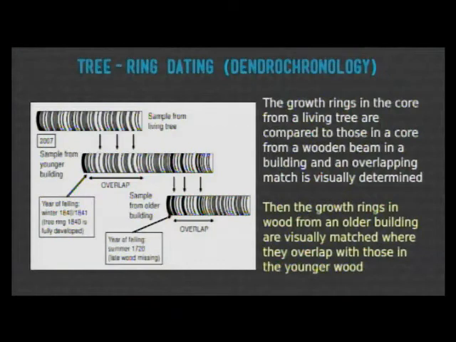Here at the top left, we can see a tree sampled in 2007, a living tree. And they compare it to a drill core, a core of timber taken from a wooden beam in a building, okay? And they try to match the rings visually.